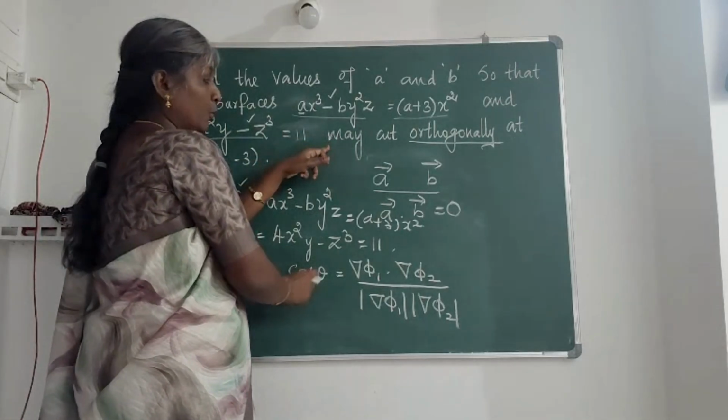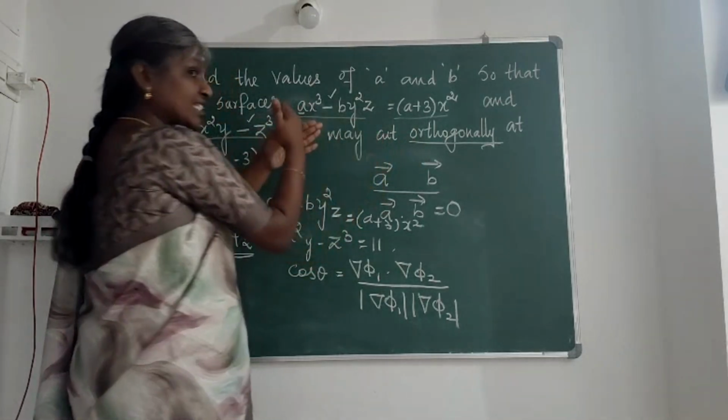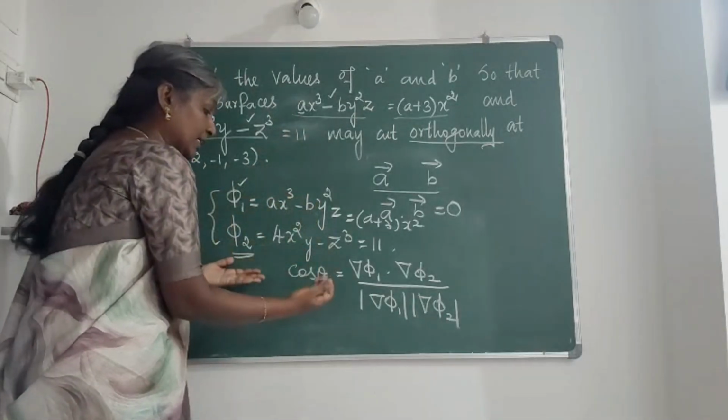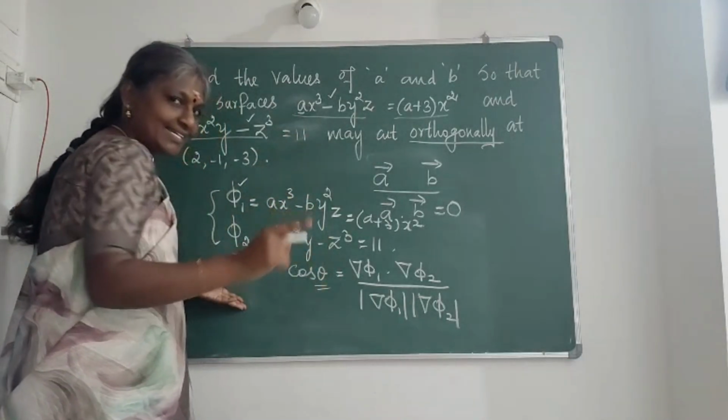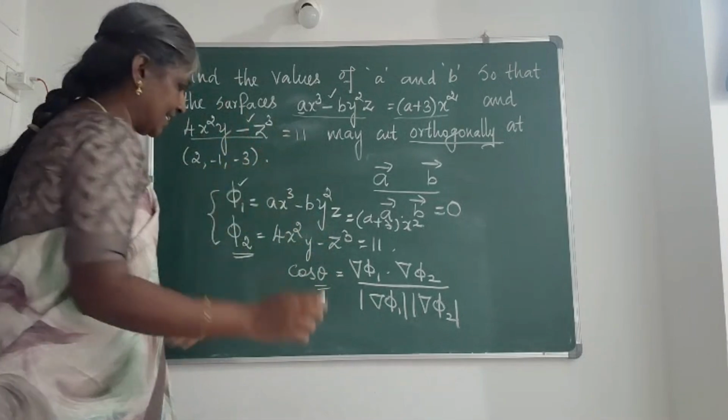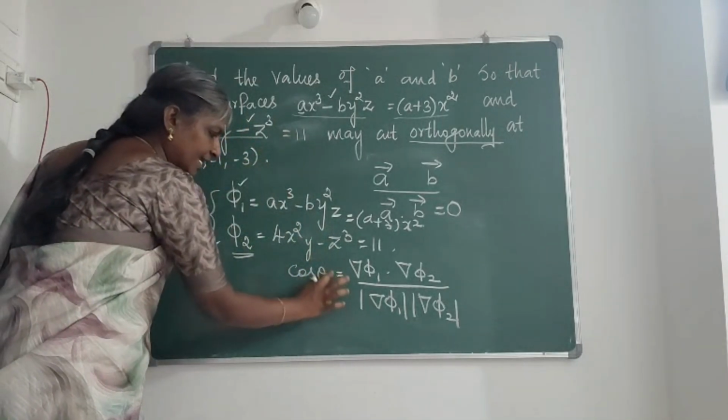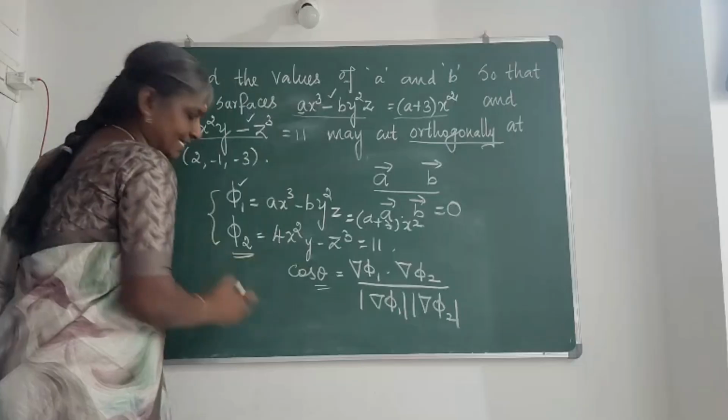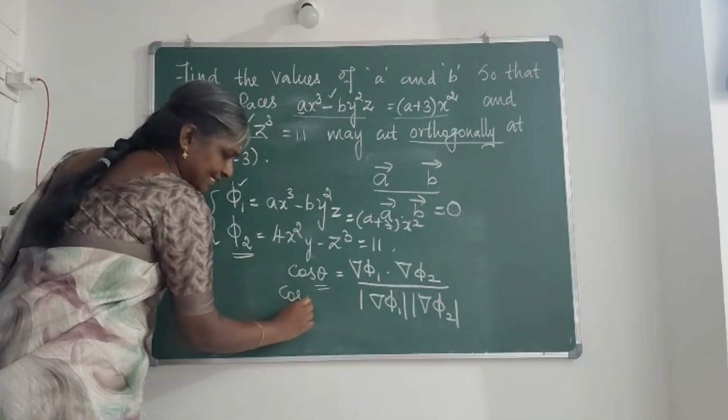In our given problem, the two surfaces cut orthogonally. That's why the angle is 90 degrees. At that time, the left-hand side is cos 90 degrees.